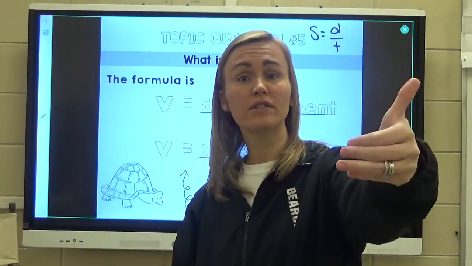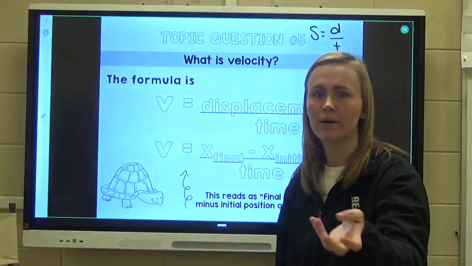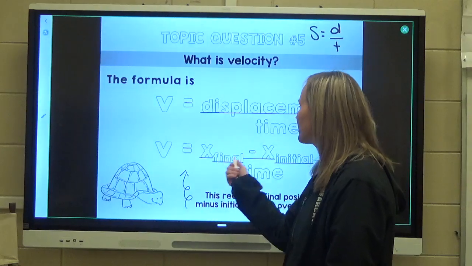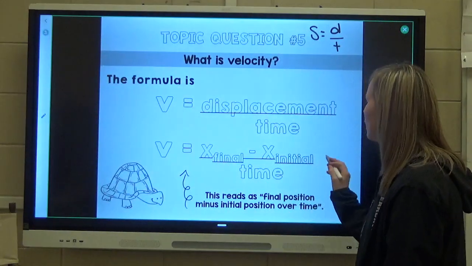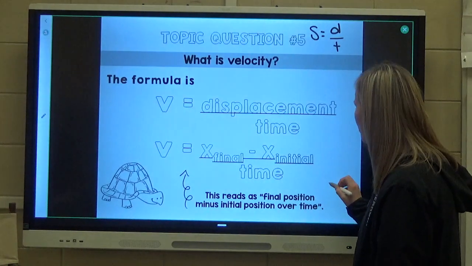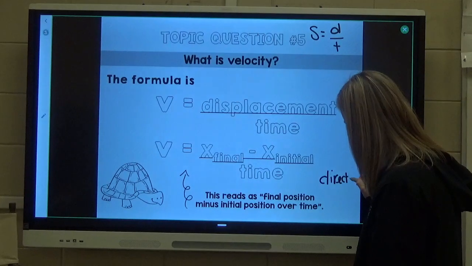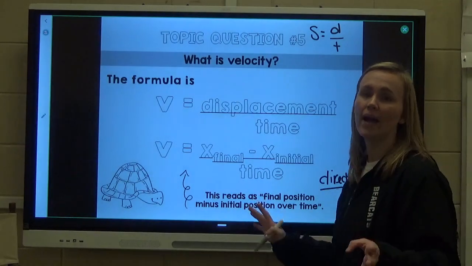So we would have his final speed minus his initial speed over time. That's also how we're going to find acceleration, all of this good stuff. But what you need to know, final position minus initial position over time. And then remember, we have to include direction. If we don't include direction, all we have is speed.